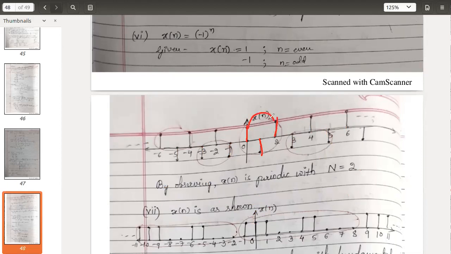So positive is repeating. If you see here, there is a negative value, then I got a positive value, again a negative value. So the negative value is repeating. The circles indicate repetition. If I count the period, 0 to 1, 1, 1 to 2, 2. So capital N is equal to 2.